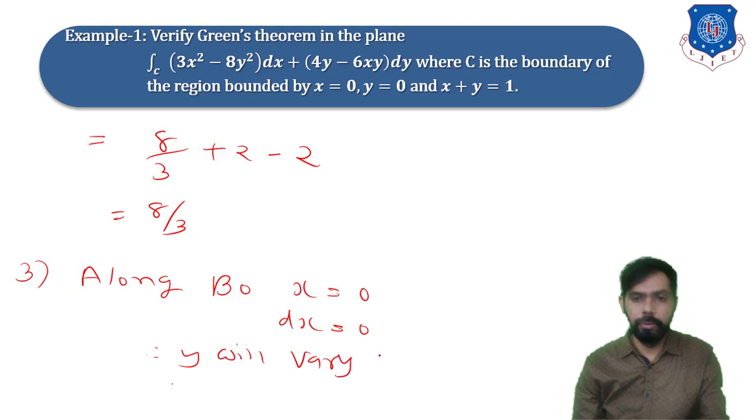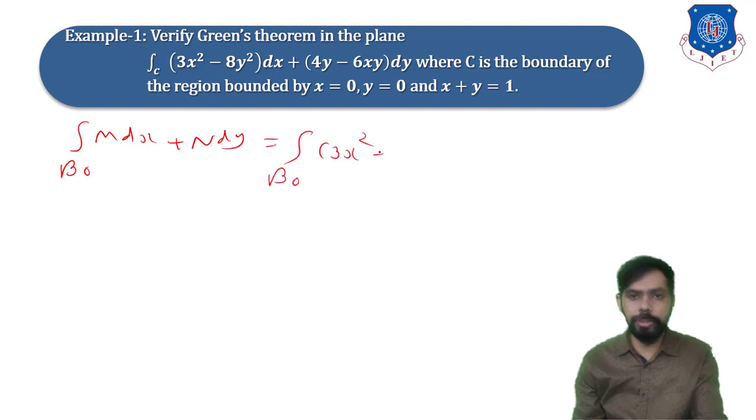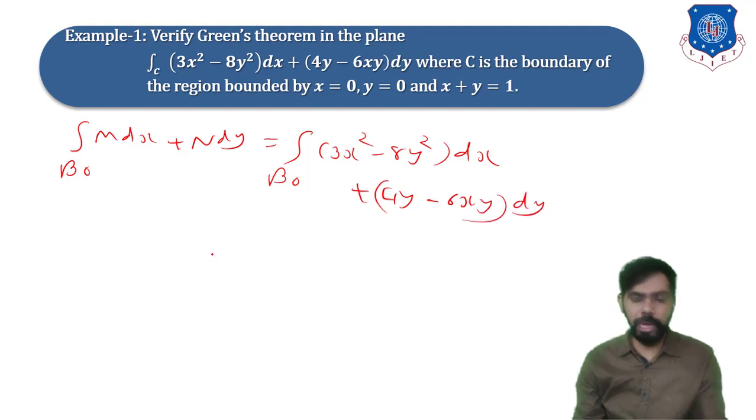Therefore y will vary from 1 to 0. Therefore the integration over BO of m dx plus n dy is equal to the integration over BO of 3x minus 8y square dx plus 4y minus 6xy dy. Okay. So here y will vary from 1 to 0. x is 0, therefore dx is 0.